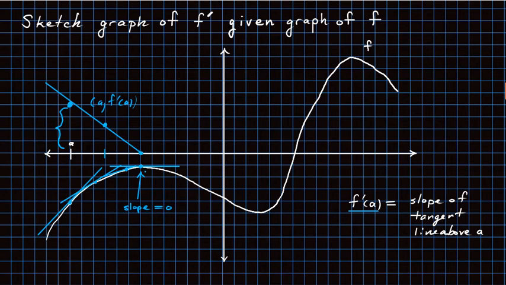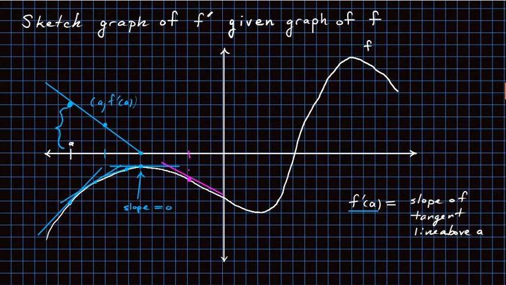The same kind of analysis can be done to understand what happens along this segment of the curve. Here, at this point, f prime is negative because the slope of this line is a negative number.